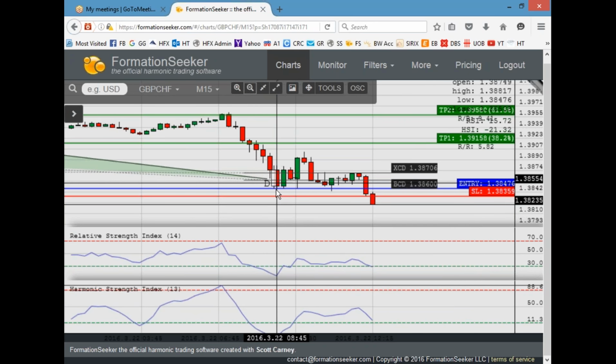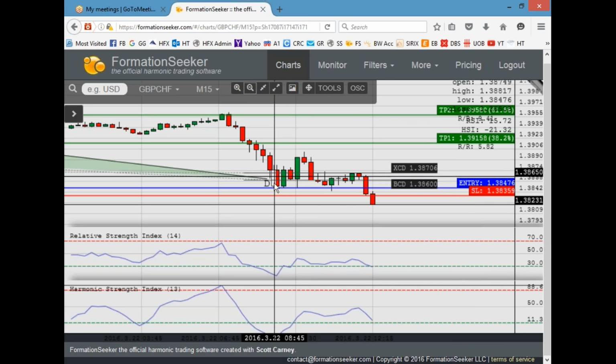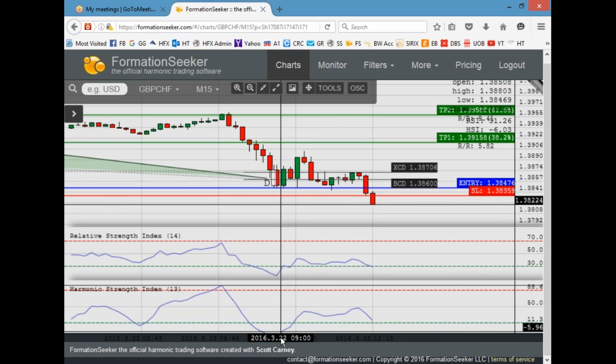You can see that this bar is your trigger bar, your terminal bar. But you must look at the corresponding HSI.